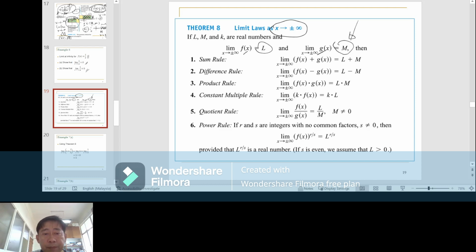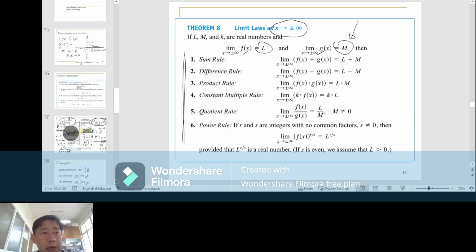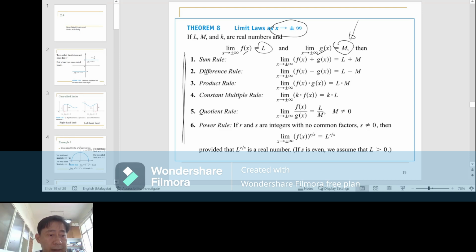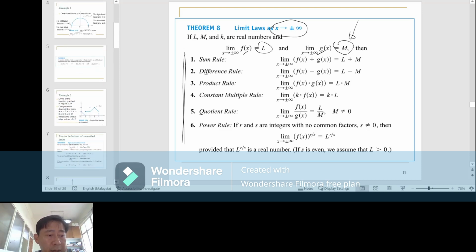So basically, theorem 8 is just a repetition of another theorem which we have mentioned earlier in the previous chapter, I think, 2.3. Right?